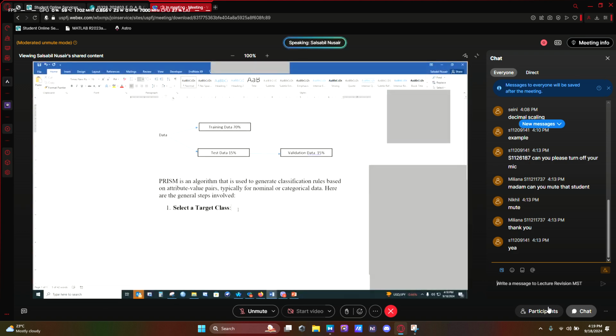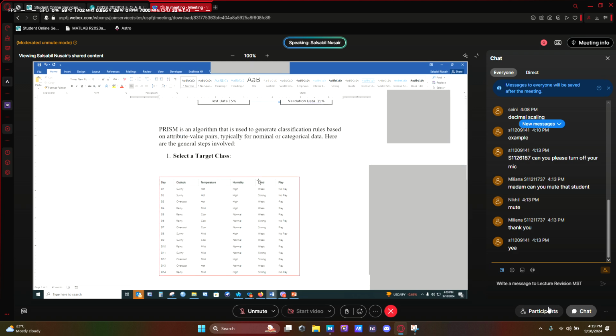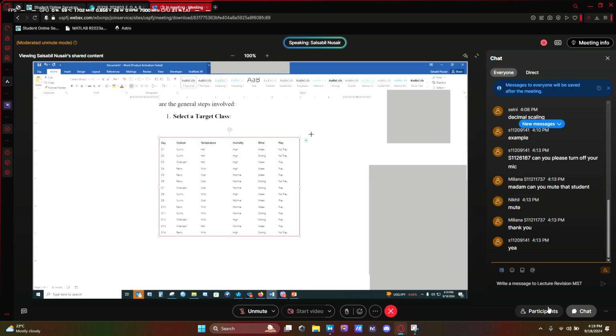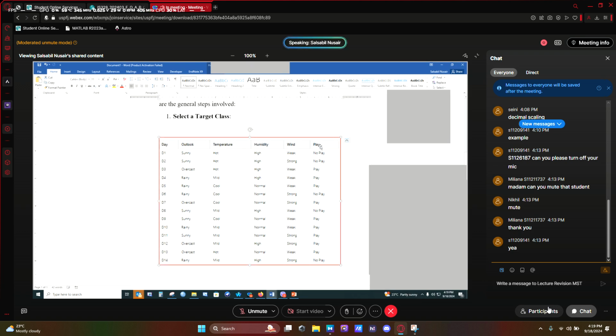So let's first select the class. Let's take a look at our data set. So let's assume you have this given data set. I know that the output of the target class is play. Sorry, this should have been labeled as class. So it's binary. You either have play or no play in here. So what does it mean when it says select the class?